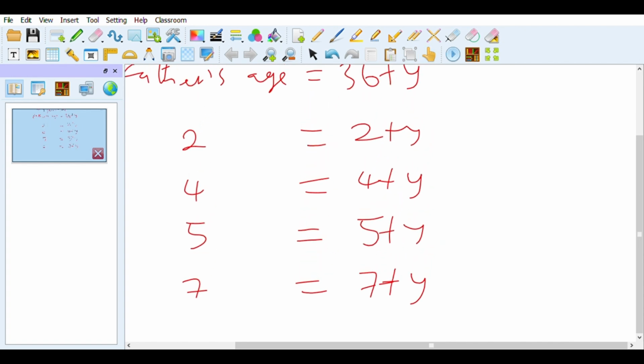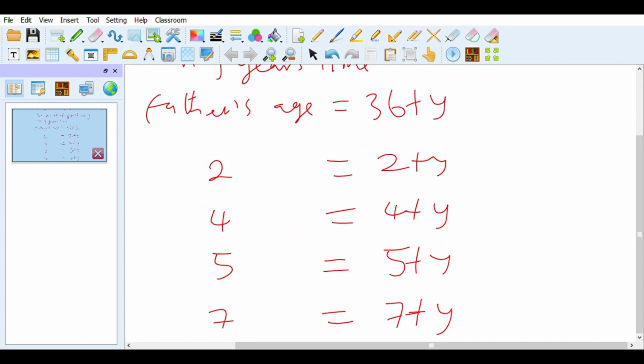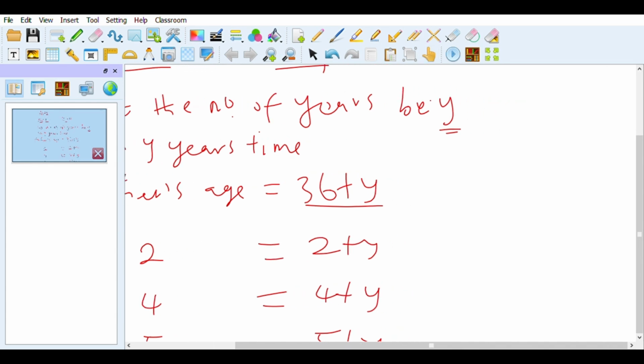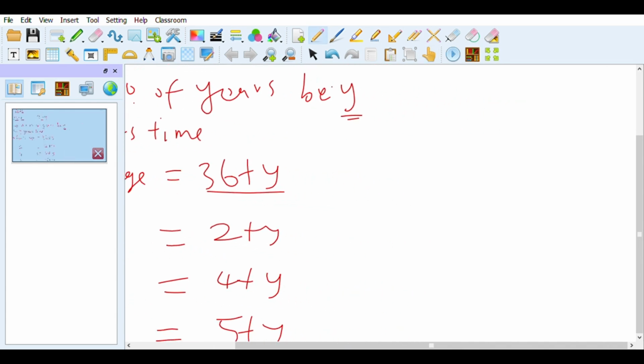Now let's consider a very important aspect of that question. It said the father's age will be equal to the sum of his children's ages in how many years' time?